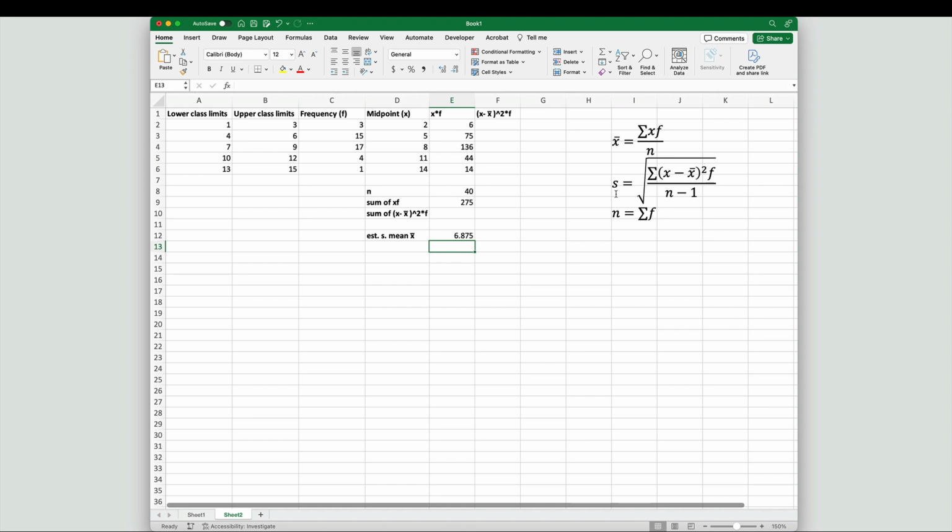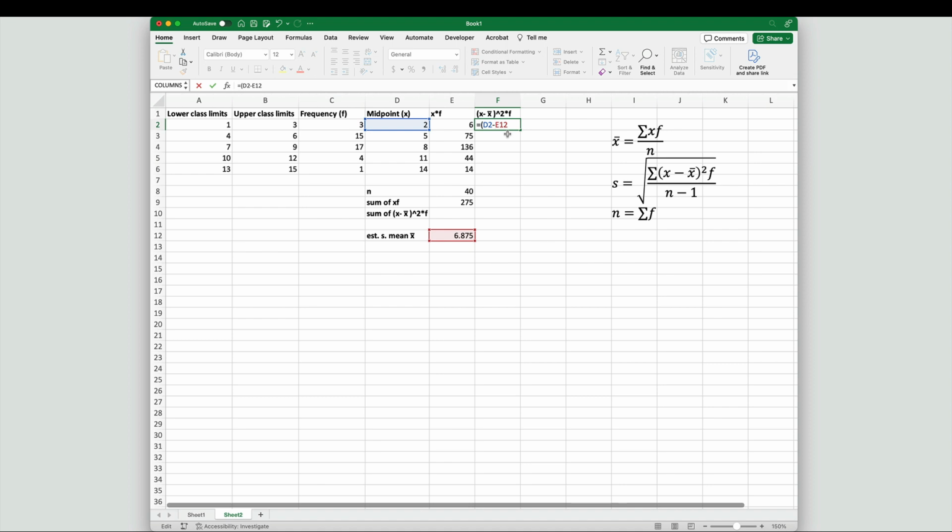To estimate the standard deviation, we need to find the sum of the quantity x minus x bar raised to the second power times f. I'm going to do those calculations under f. I open a parenthesis, click on my first x value, the midpoint, which is 2, minus my sample mean of 6.875.